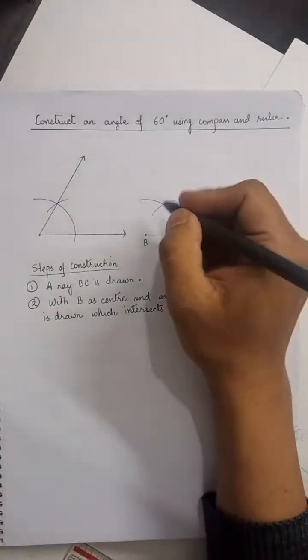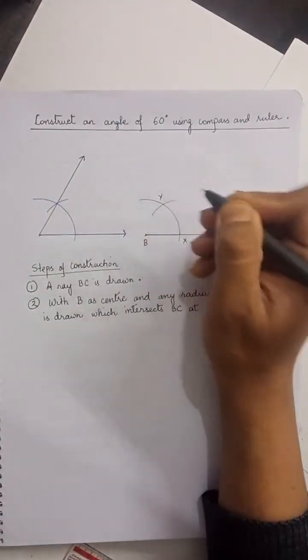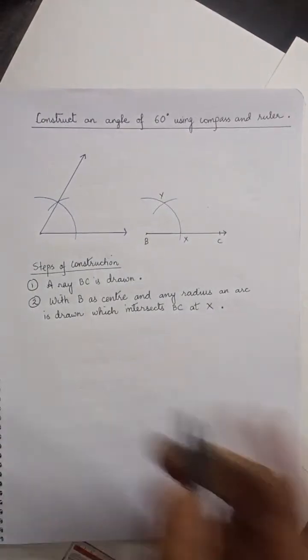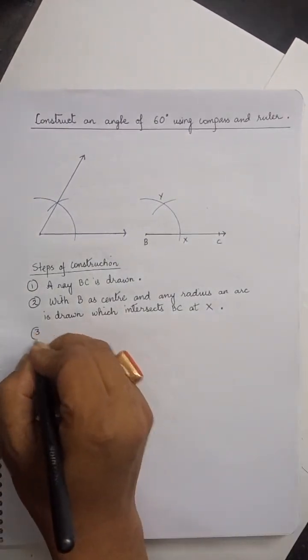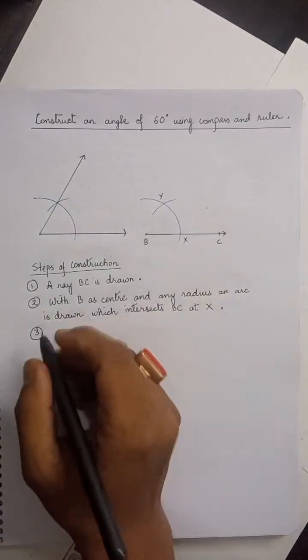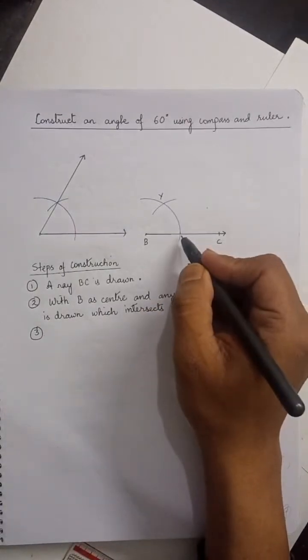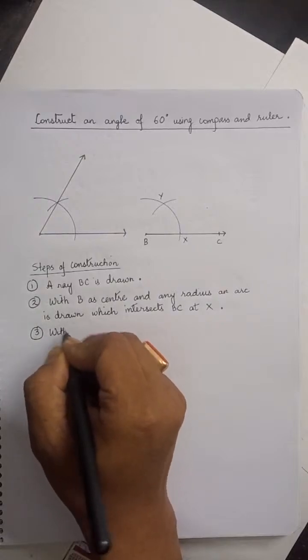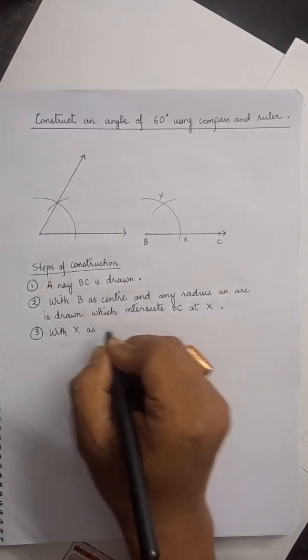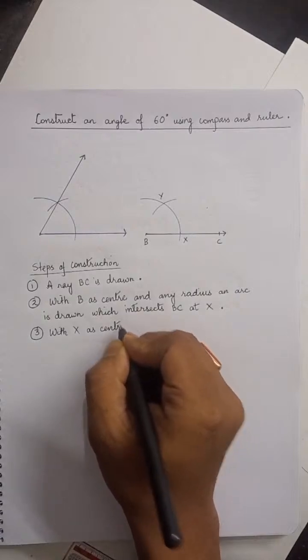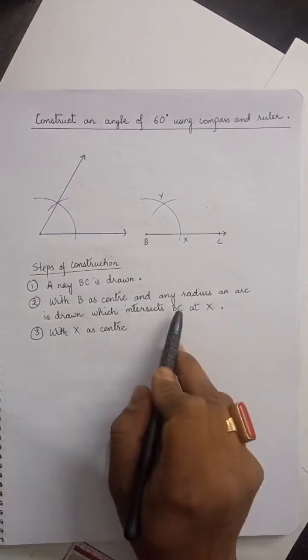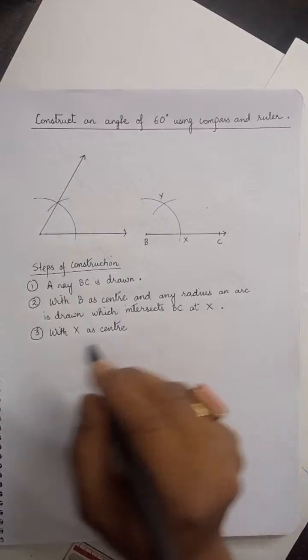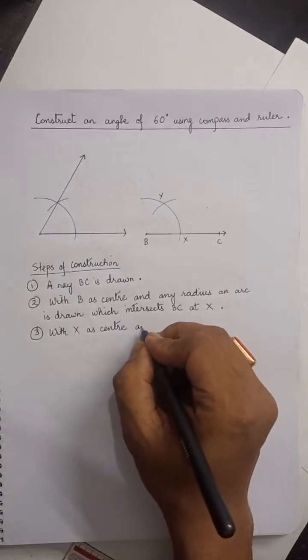Let me name this intersecting point Y. So I will write: with X as center, because my compass tip was at the point X. In step number 2 we wrote any radius, but here we will write with X as center and the same radius.